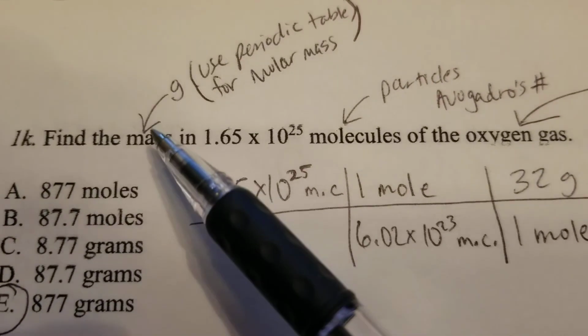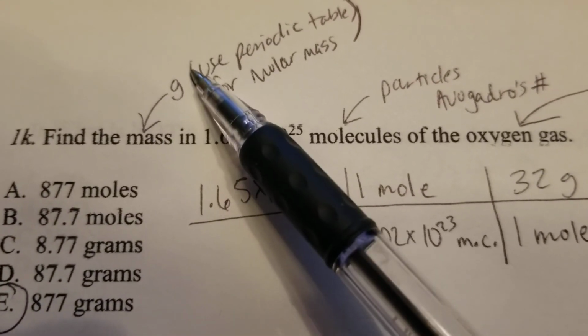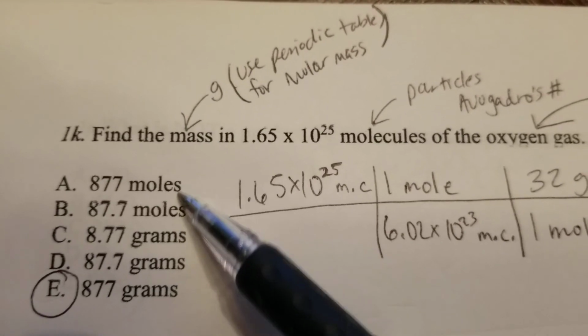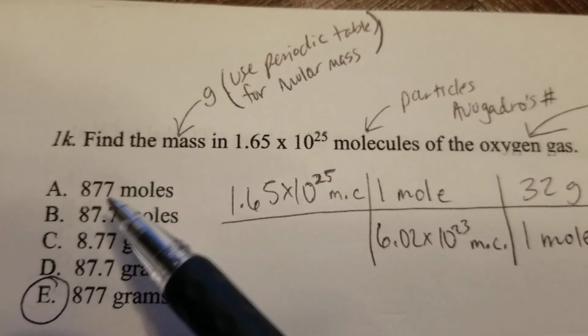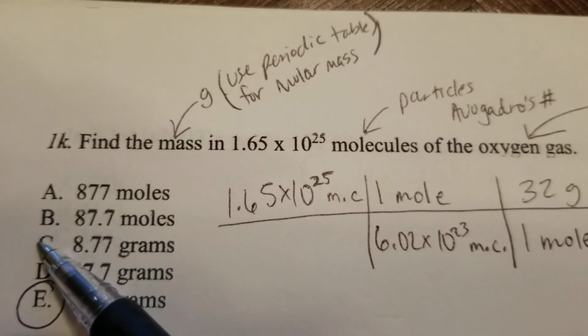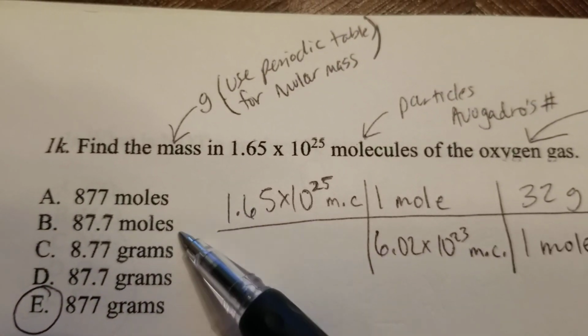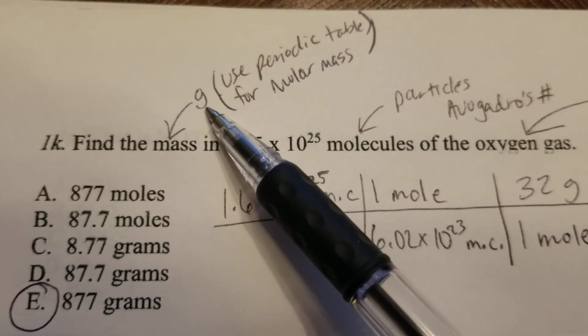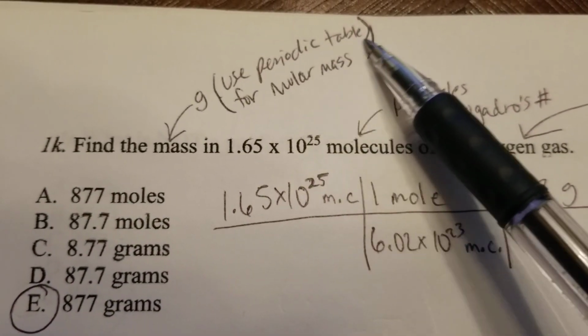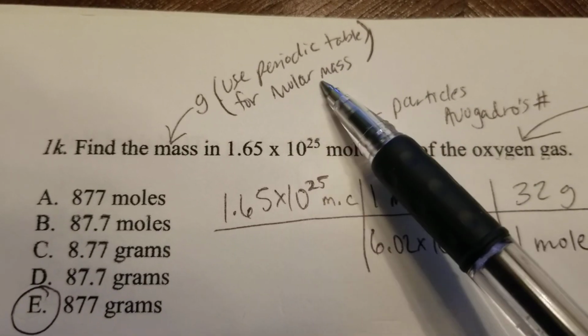You need to know that when they're asking for the mass, they're asking for grams. So right here, I'm looking at my options right away. I'm like, they're asking for mass, not moles. I'm going to cross out A and I'm going to cross out B. Right away, I know that both of these are not the right answer because mass is grams, which means we have to use the periodic table to get the molar mass.